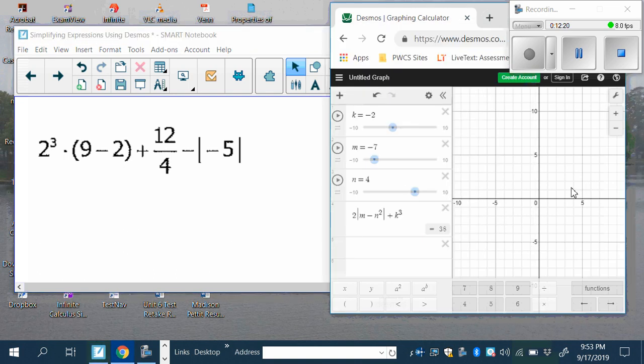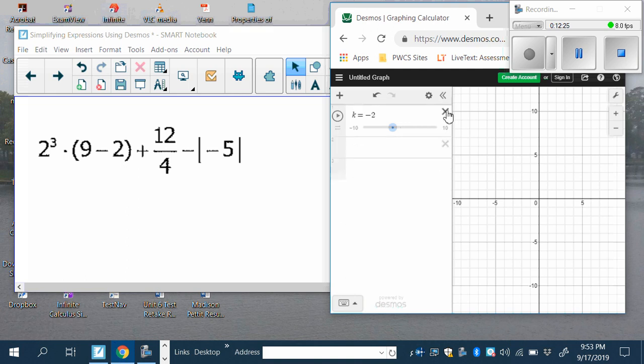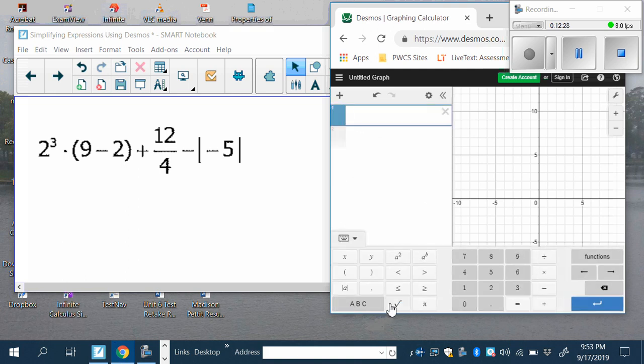Okay, this one's another one. And again, I just click these out. It's easier than a calculator for a lot of things. So this is 2 to the 3rd. So I do to the 3rd. Okay, arrow over, and I'm going to do times 9 minus 2 in parentheses, plus 12 divided by 4, okay?